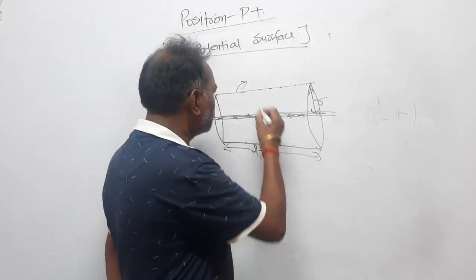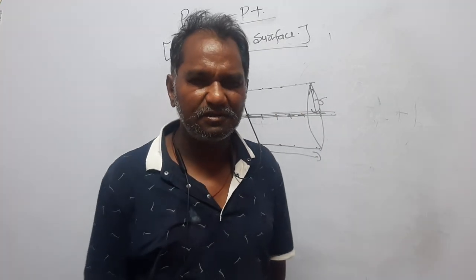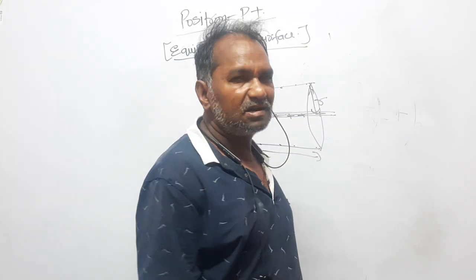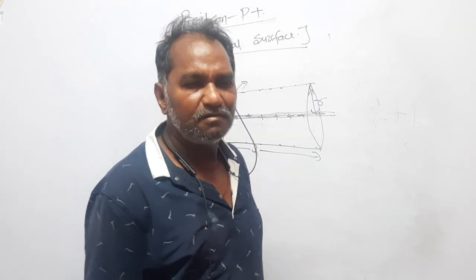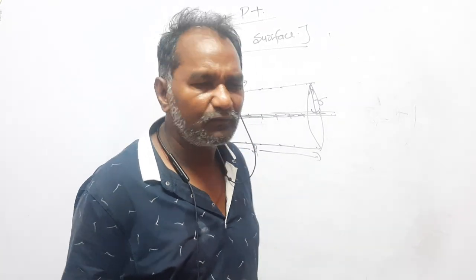Now any two points you consider over the surface of the cylinder, the potential will be the same, so the potential difference would be 0. So no work is done, and no work is required in moving a charge from one point to another point on the equipotential surface. Why?